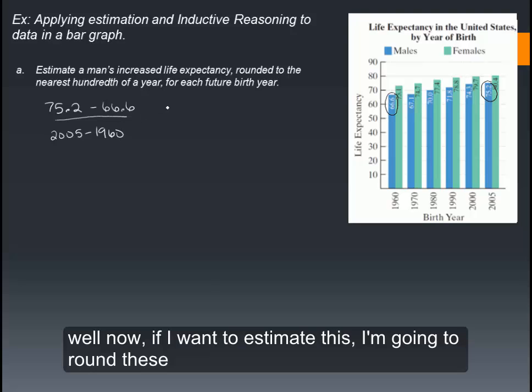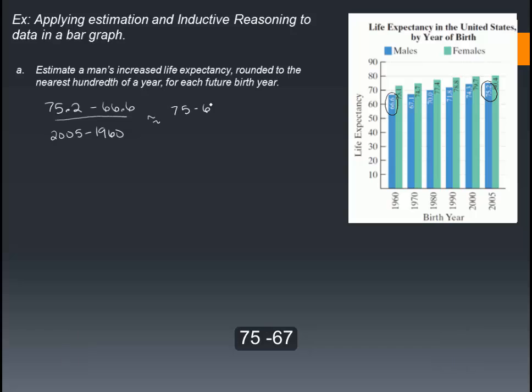Well, now if I want to estimate this, I'm going to round these to 75 minus 67 and 45. 75 minus 67 is 8 divided by 45.